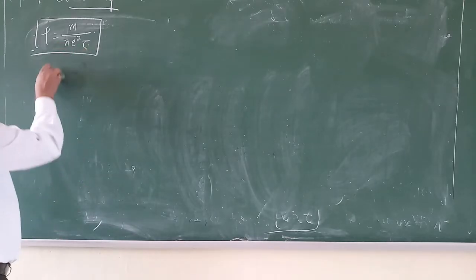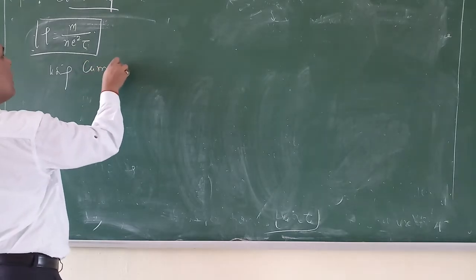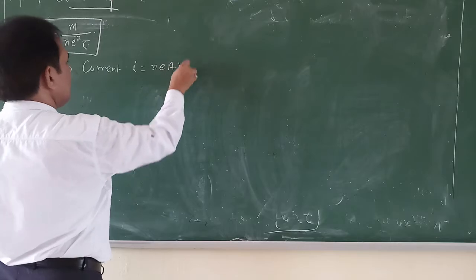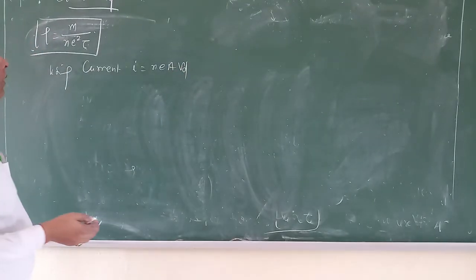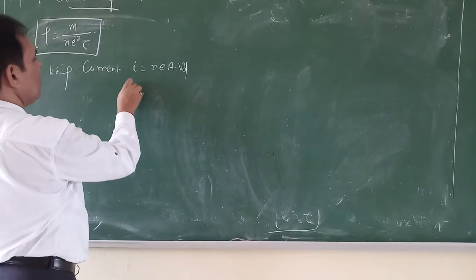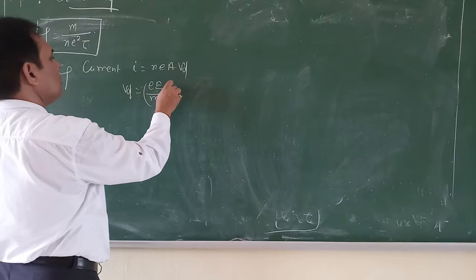First use the formula for current, I equal to nAeVd, as I explained before, and second use Vd equal to eE by m into tau.